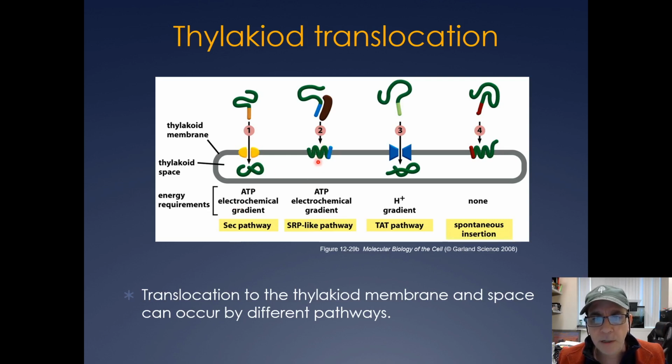There's an SRP-like pathway where you have a signal recognition particle protein, very much like SRP, and that gets inserted. And then there's a TAT pathway, which we haven't covered, but it's also common in bacteria. And then there's a spontaneous one where you supposedly get spontaneous insertion. However, there's probably a translocation machinery here that they just haven't figured out yet. Because as we know, proteins don't necessarily just like to spontaneously translocate into the membrane.